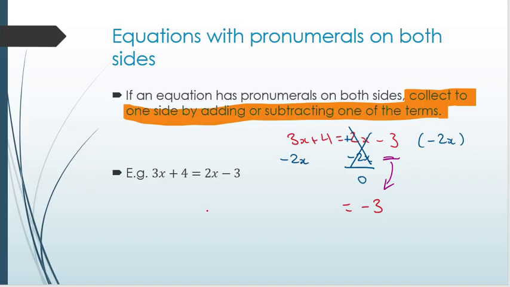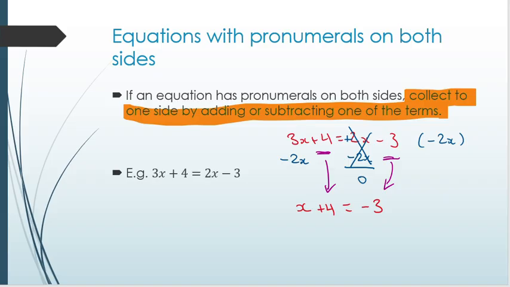If you calculate 3x minus 2x, that's normally 1x, right? And in algebra, we never write the 1. So we're just going to keep it as the letter x. So I have x here, and I have this plus 4 still, so I'm going to bring that down. This will now become x plus 4 equals negative 3.